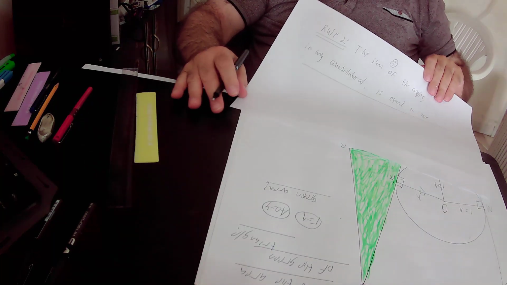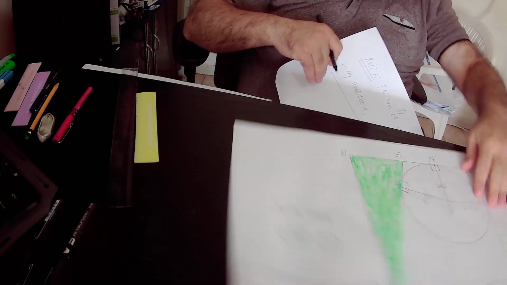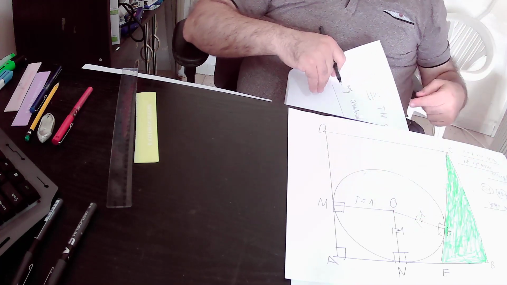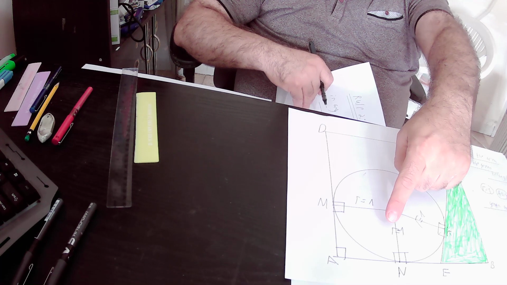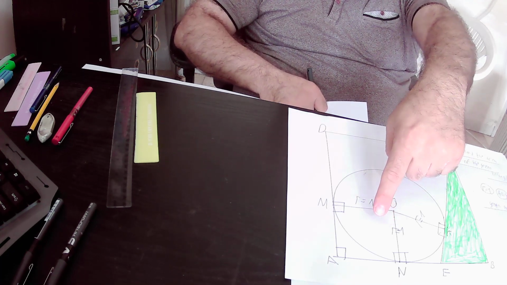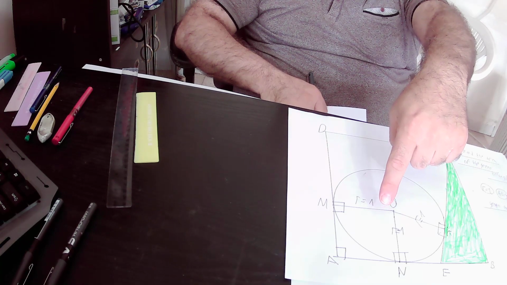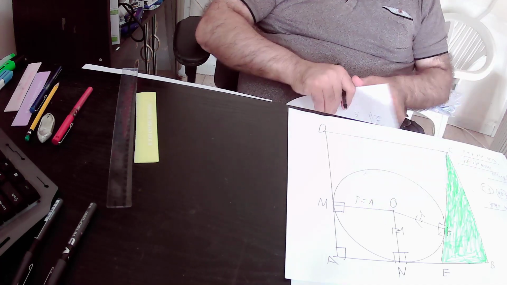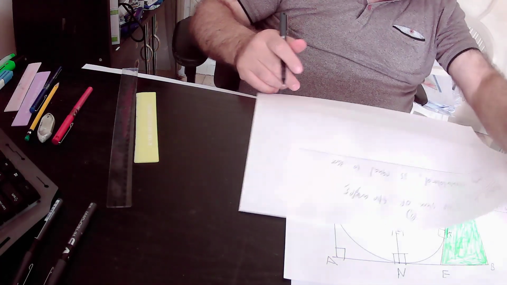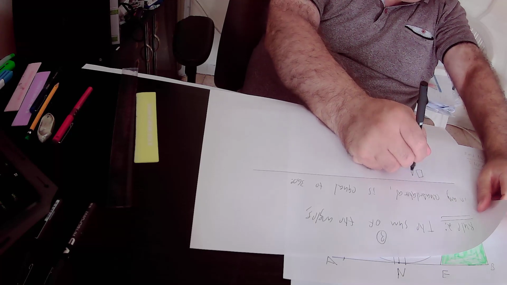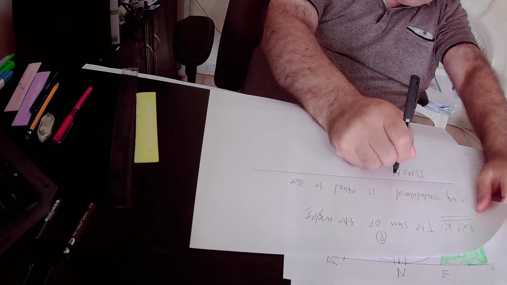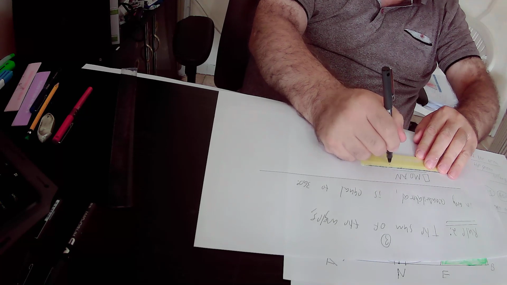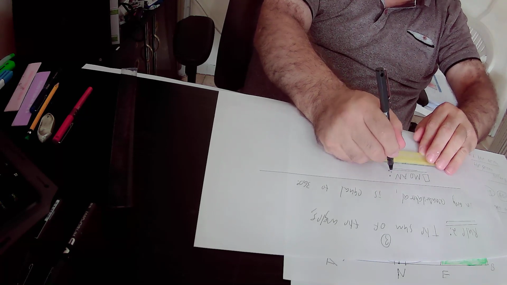Actually, here we have quadrilateral MOAN, and according to rule number 2, the sum of the angles inside this quadrilateral must be equal to 360 degrees. So which angles do we have in quadrilateral MOAN?